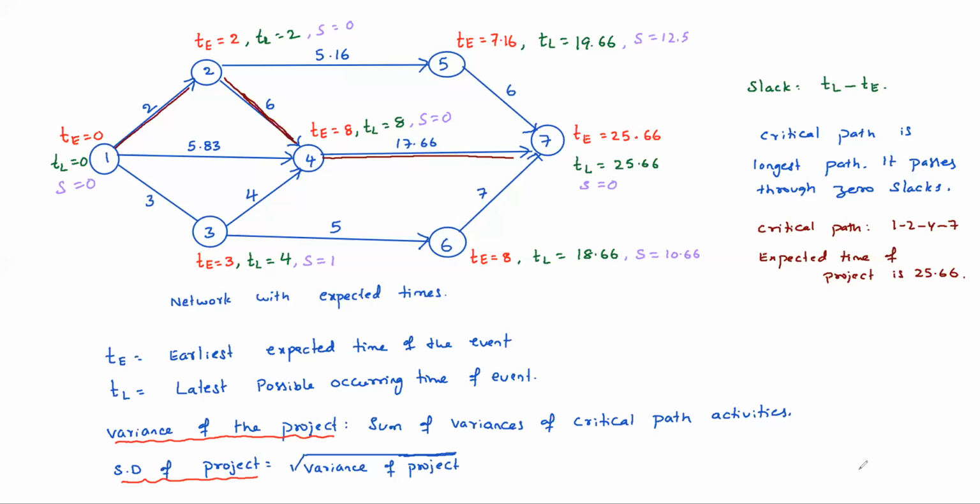So here, the variance. The critical path is 1, 2, 2, 4, 4, 7.